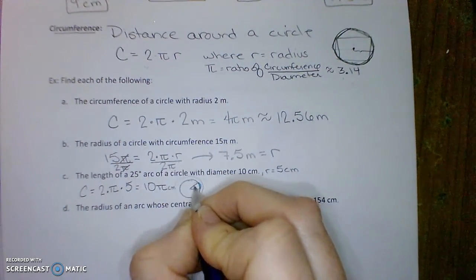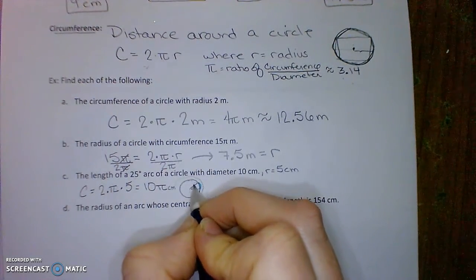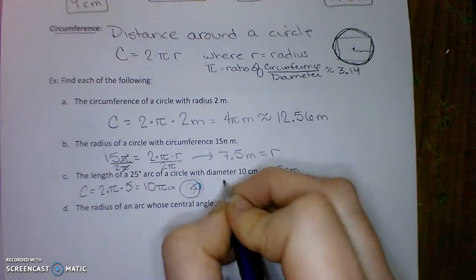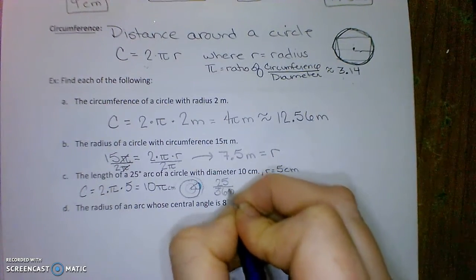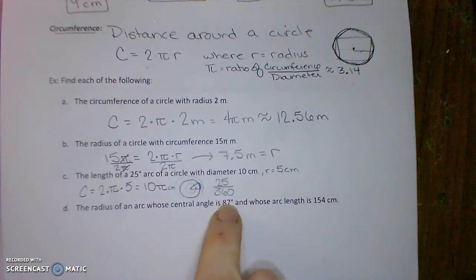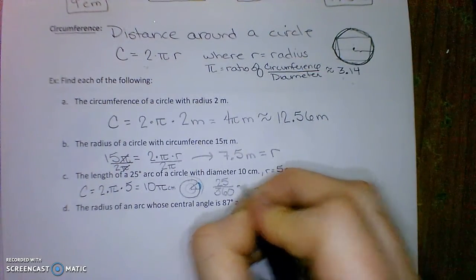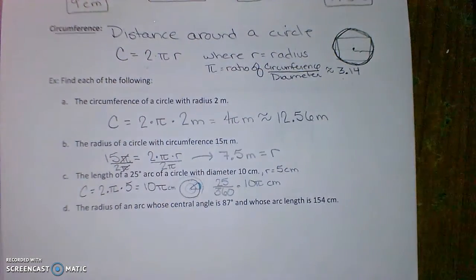And this angle measure is 25 degrees, which is some fraction of a complete revolution. So what fraction of a complete revolution is it? We've got 25 out of the 360 degrees. That's the fraction of a revolution that you have here. So it'll be that fraction of 10 pi centimeters. So that is the computation we can do now: 25 times 10 divided by 360.